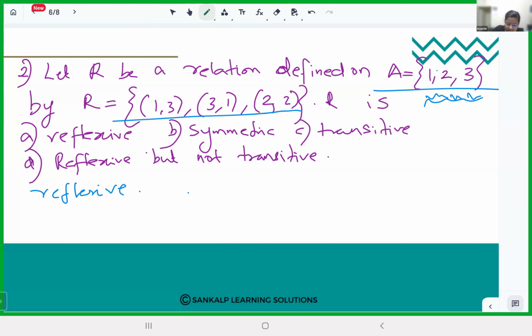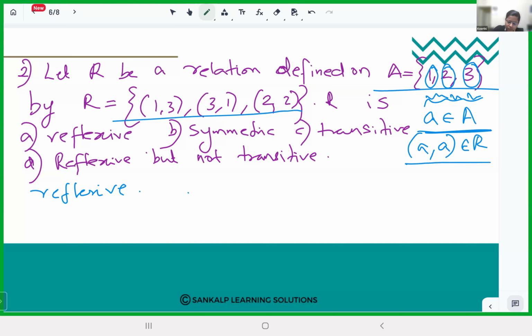Each element in that set should relate to itself. That means if a belongs to set A, then the ordered pair (a, a) should belong to the relation R. That is the condition of a reflexive relation.